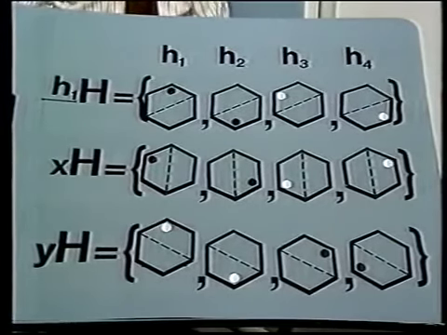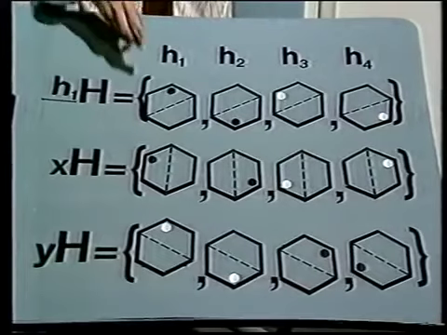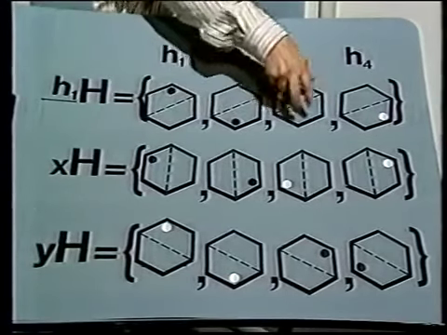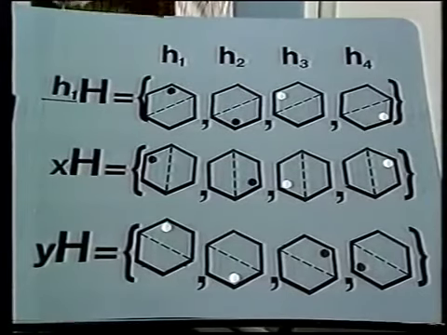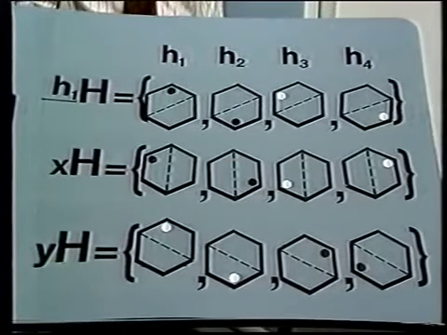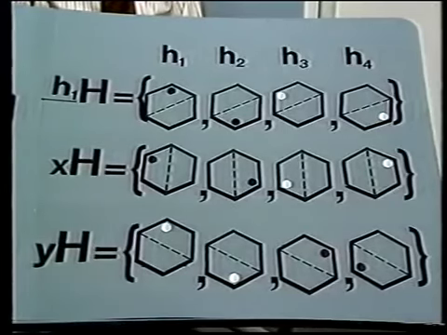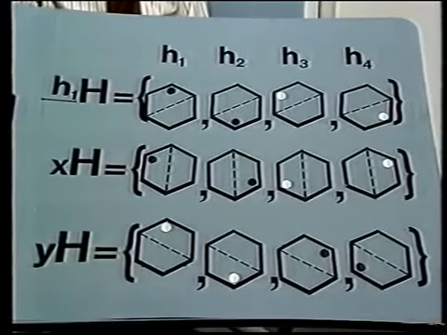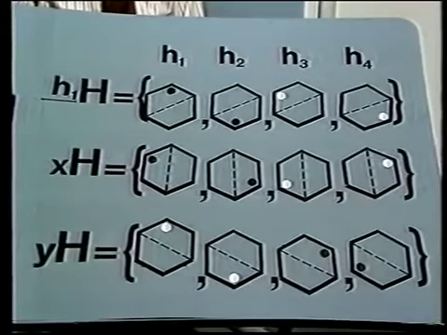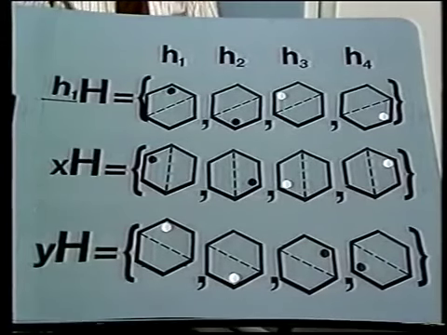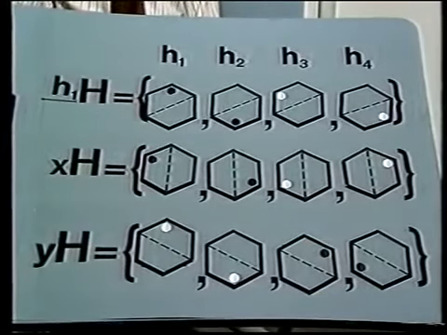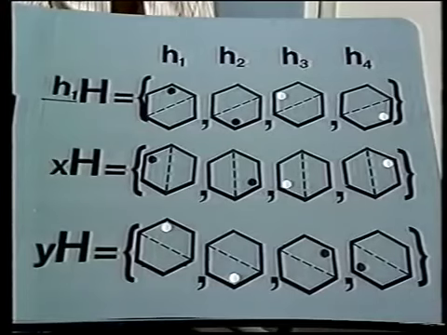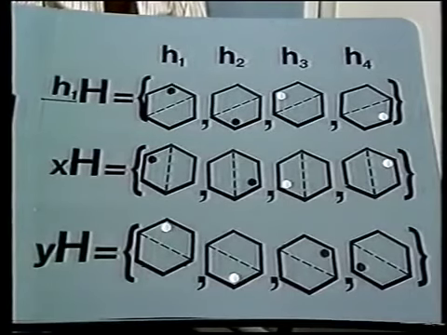So as I apply the element G to them, whatever G is, it'll do the same to the marked diagonal in each case. It starts in the same position, G will take it to a new position, but the same position in each of the 4 cases. So in the coset GH, the marked diagonal will be in the same position throughout. But there are only 3 positions for this diagonal. There are only 3 diagonals of the hexagon, the 3 that we've seen illustrated in these cosets. So any other coset must be a repetition of one of these 3.